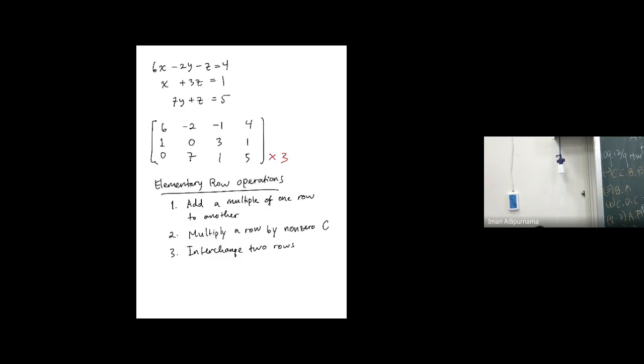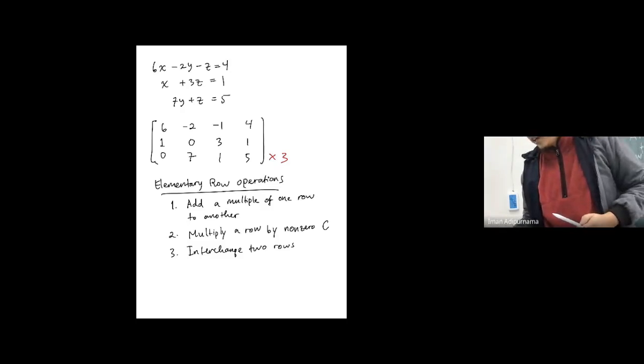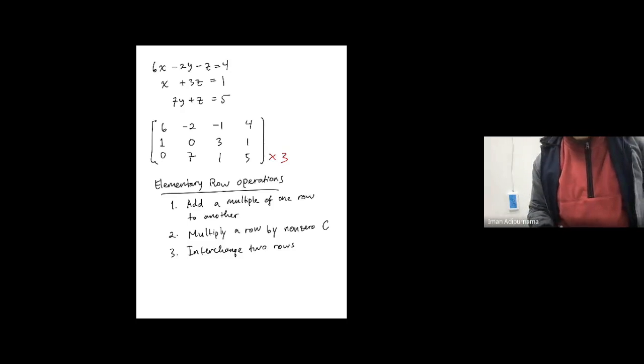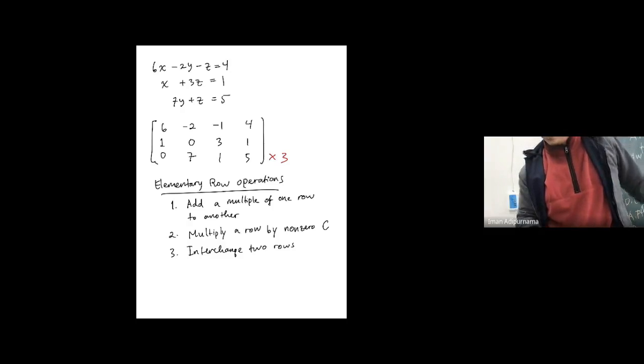I will show you another way to look at the system. Let me give you another example. I think for this one, the numbers are not really good. Let me give you x minus y plus 3z equals 4, and x plus 2y minus 2z equals 10, and 3x minus y plus 5z equals 14.